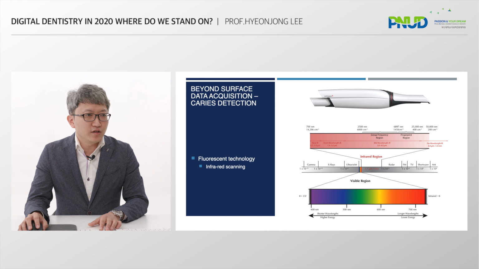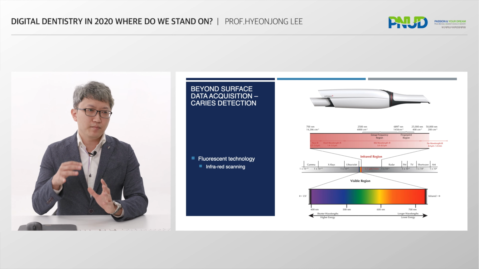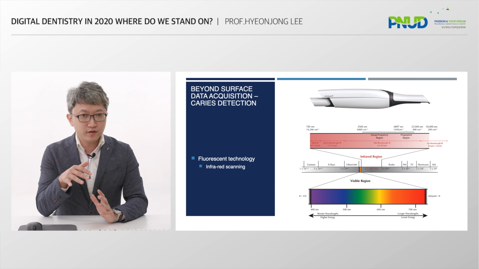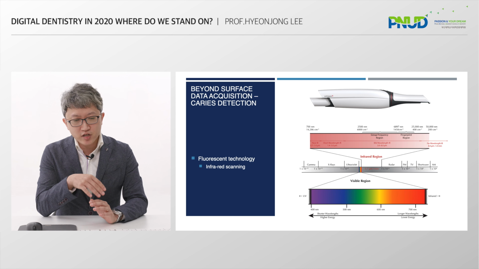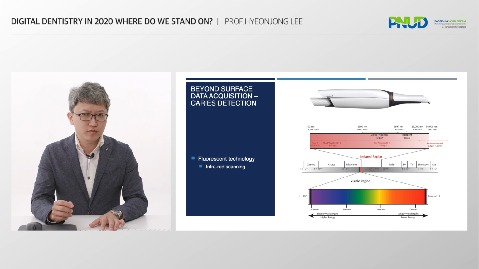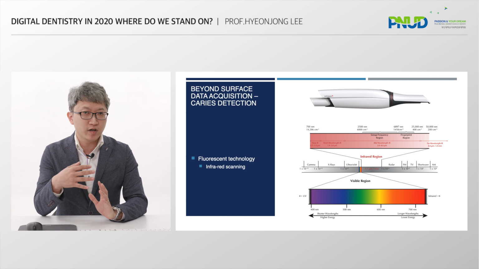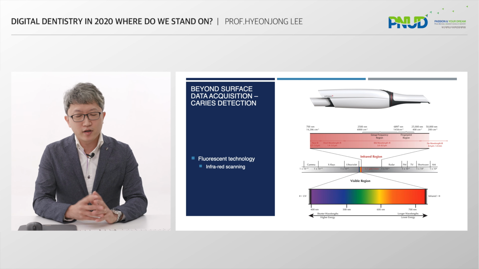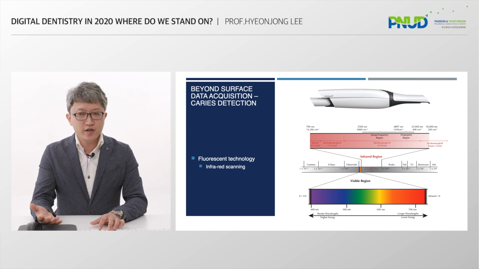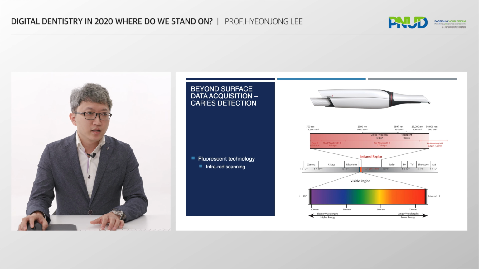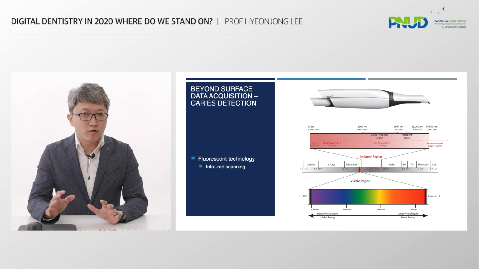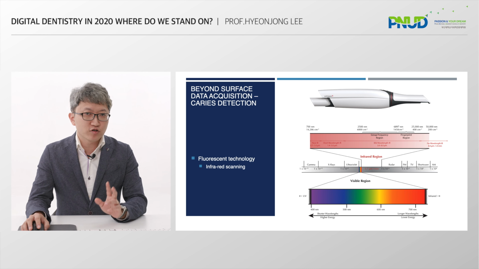So we need to know the infrared region. This light can penetrate the surface, even the hard surface. And it can penetrate soft tissue, like 2 or even 3 millimeters of gingiva. So maybe after a few years... this Trios 4 has two light sources, a visible light source and an infrared light source.